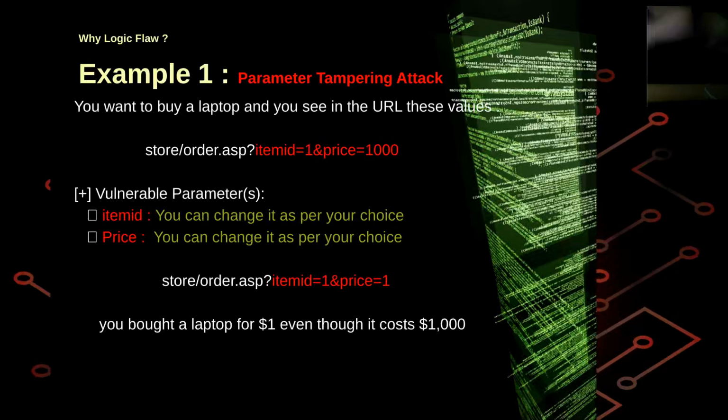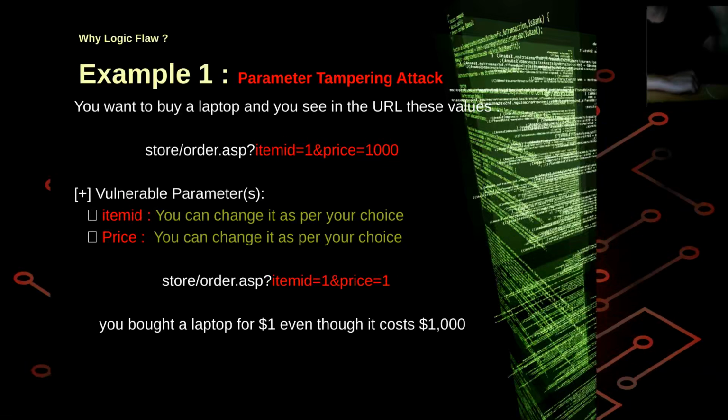So if you make some changes in the price, for example, change the price from 100 to 1, and we send our request, we see that we buy a laptop for $1, even though it costs 100.